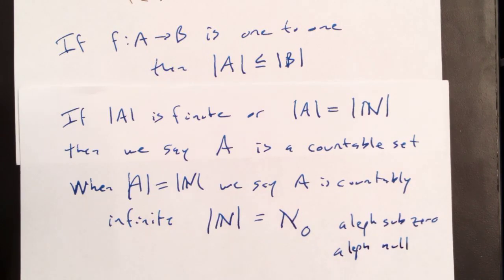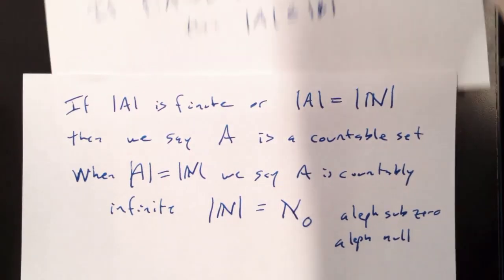And it's aleph 0, aleph with a subscript 0, or aleph null. Aleph is the first letter of the Hebrew alphabet. Aleph is a silent letter in Hebrew. So I'm going to say this size, the size of the natural numbers, called aleph null.